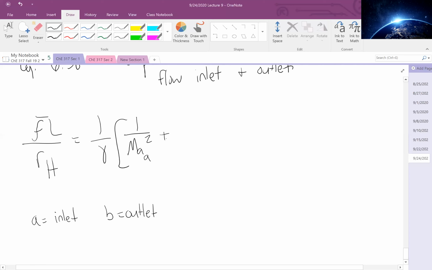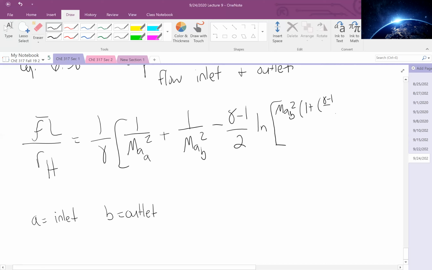So I have 1 over the Mach number of A squared minus 1 over the Mach number of B squared, minus gamma minus 1 over 2 times the natural log of our Mach number of B squared times the quantity, 1 plus gamma minus 1 over 2 times the Mach number of A squared, divided by the Mach number of A squared times 1 plus gamma minus 1 over 2 times the Mach number of B squared.